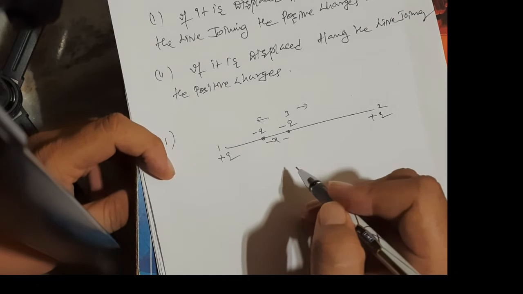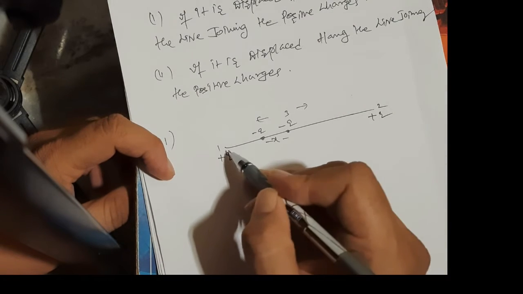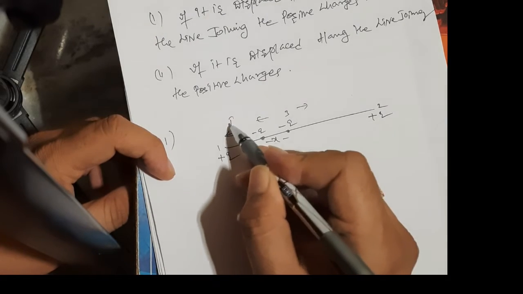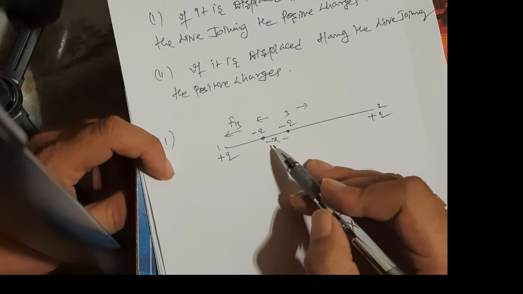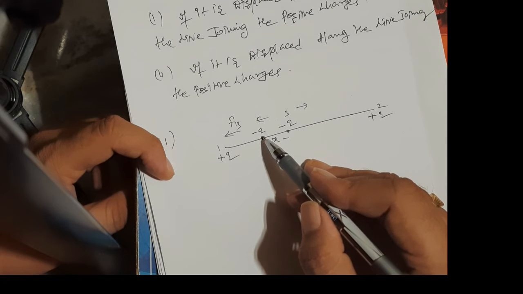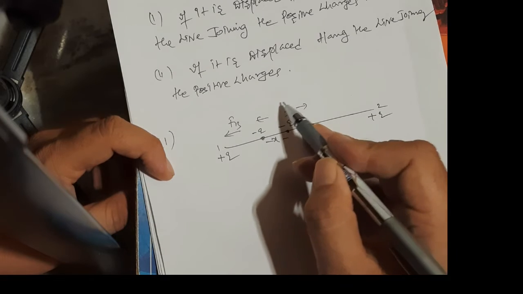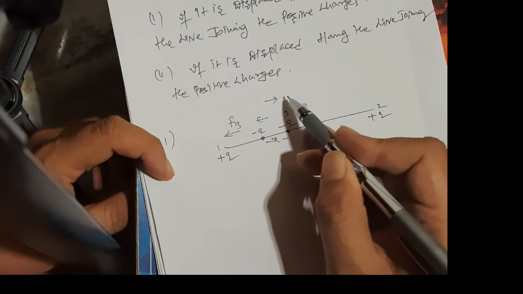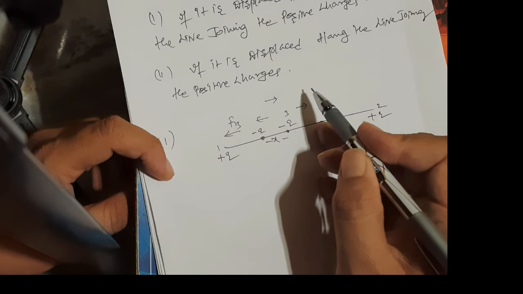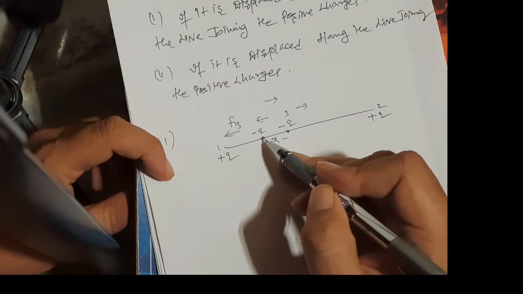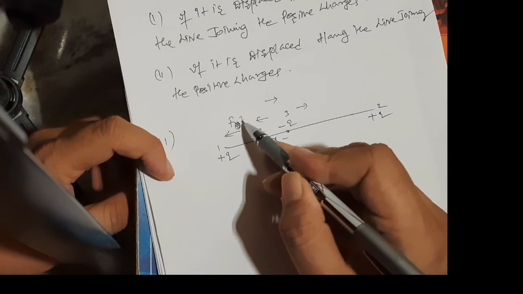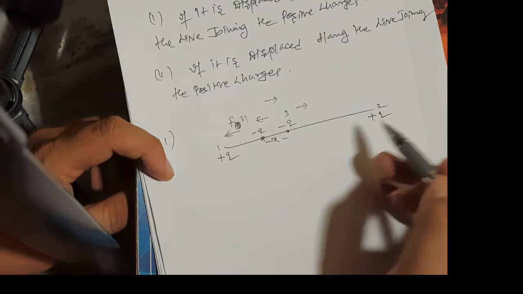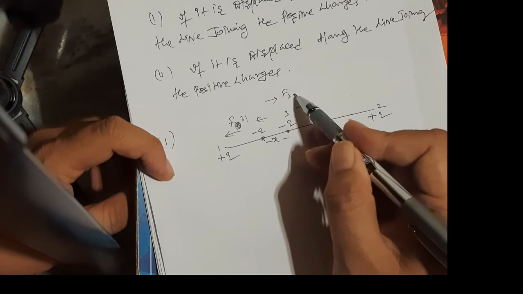Then the force on 3 due to 1 is an attraction force along this direction, F31. The force on the third charge due to 2 is along this direction, F32.